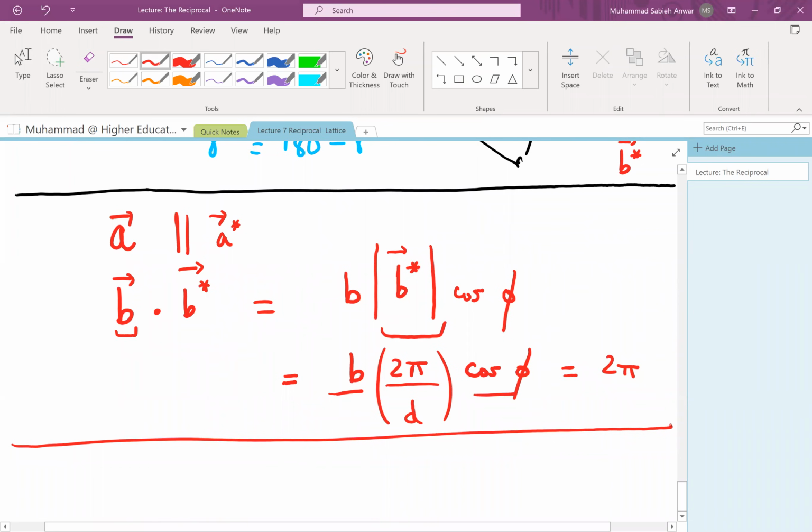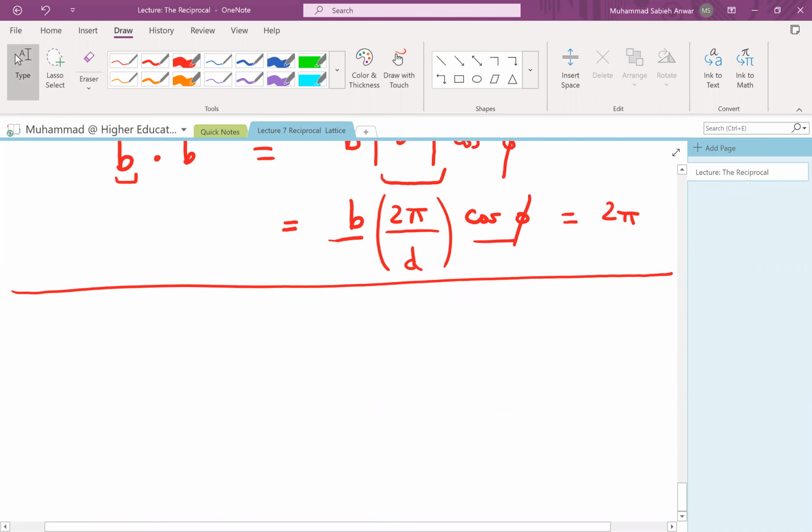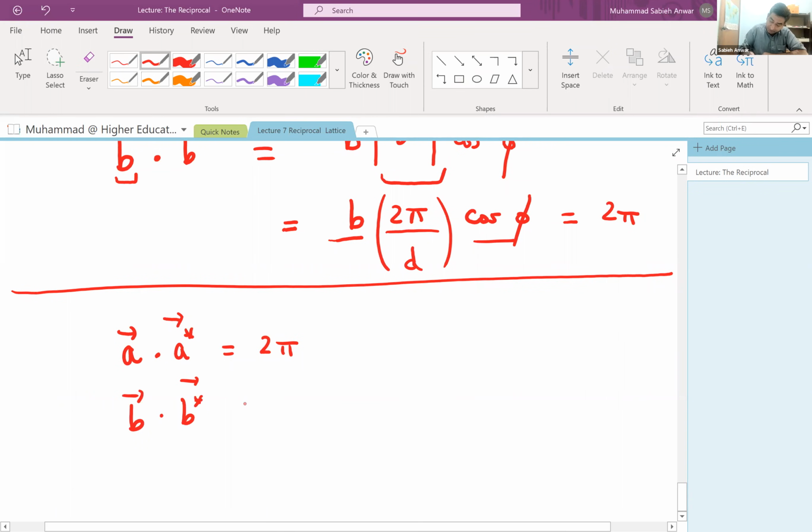Okay, so if I were to take a unit vector in the direct space and find its dot product with the reciprocal vector, I will get 2 pi. B dotted with B star will also be 2 pi. C dotted with C star will also be 2 pi.